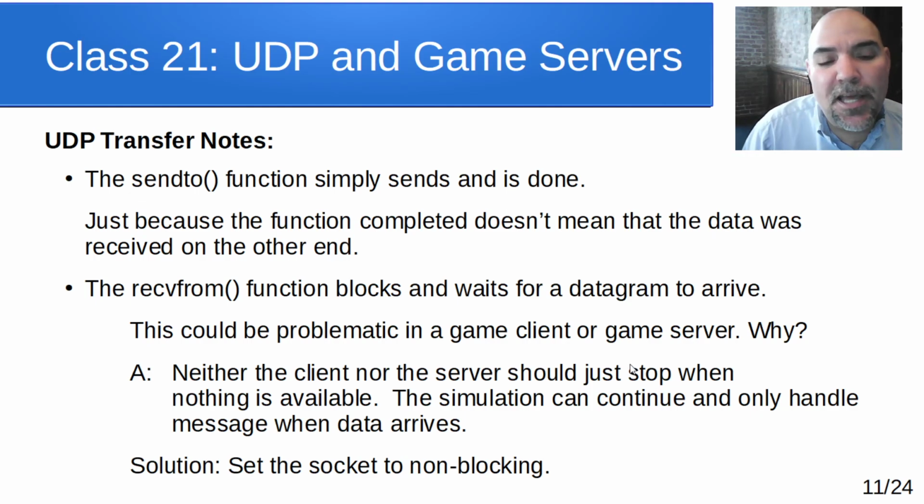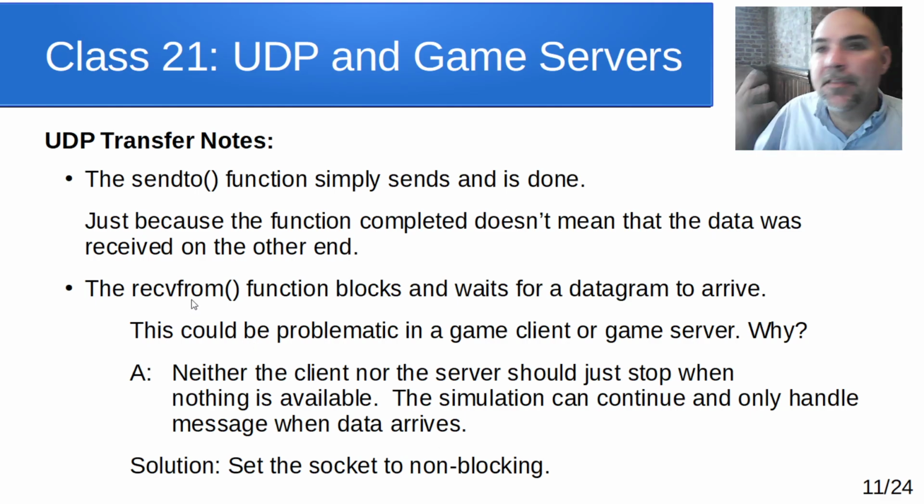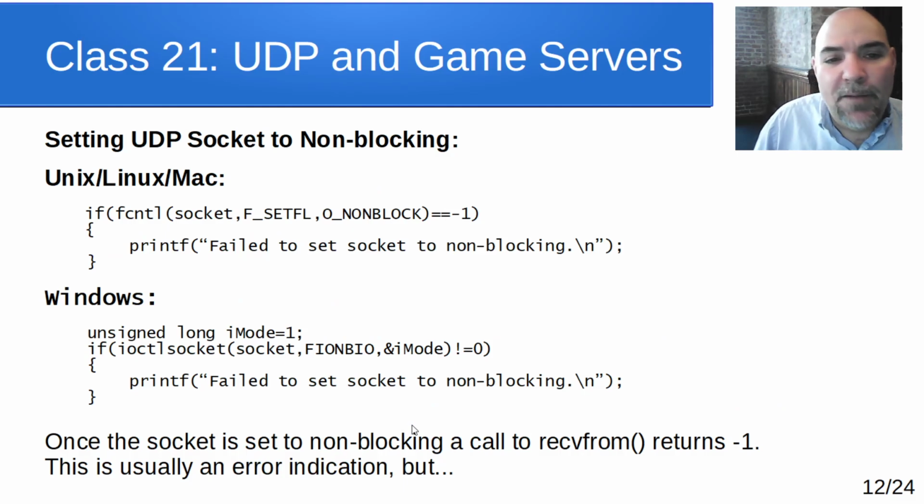So the solution to that is to set the socket to what's called non-blocking. There's a non-blocking mode you can set on the socket. So when you call receive from, if there's something there, it'll give it to you. If nothing's there, it'll immediately return and say, I didn't find anything. Now, how do you set a UDP socket to non-blocking? Well, if you're in Unix or Linux or Mac, which is really a Unix-based operating system at this point, there's a function called fcntl.